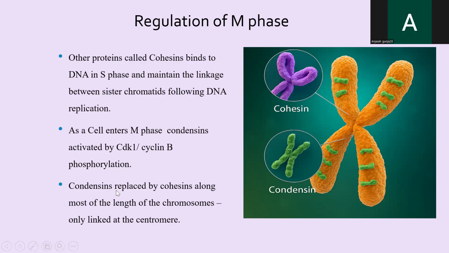So the cohesins are replaced along most of the length of the chromosomes and are only linked at the centromere. Like this, the MPF or CDK1 or cyclin B regulates the M phase, when to enter the next phase and where to stop.